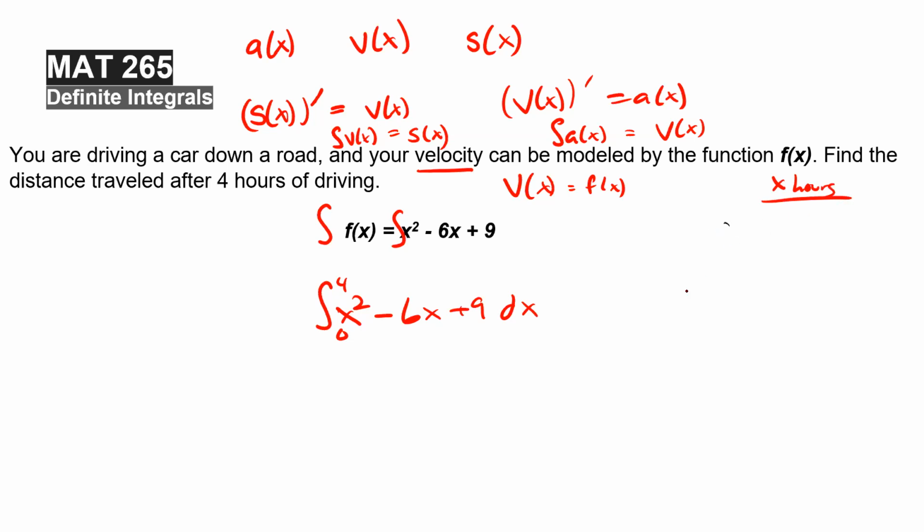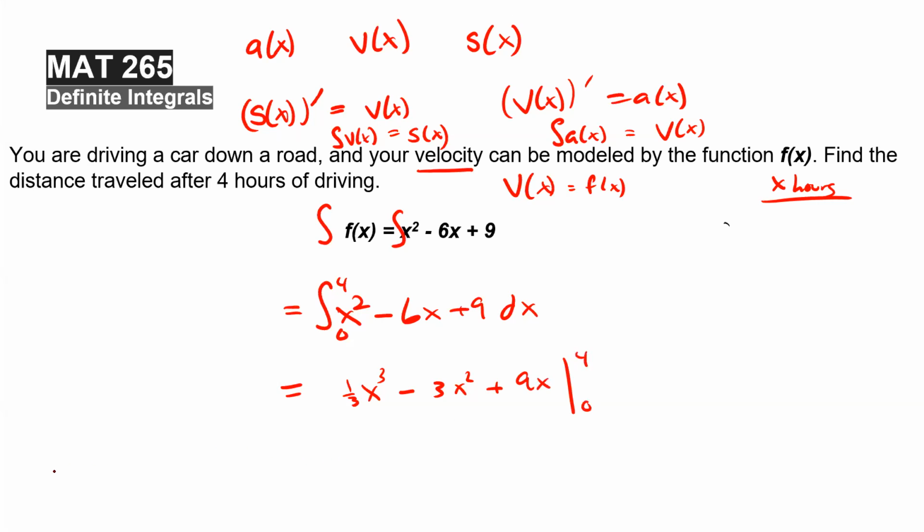It's not specified, but I think based on the way it's written, that's what it means. Okay, so we can take the integral from 0 to 4 of this. We have 1/3 x cubed minus 6 over 2, which is 3, x squared plus 9x.